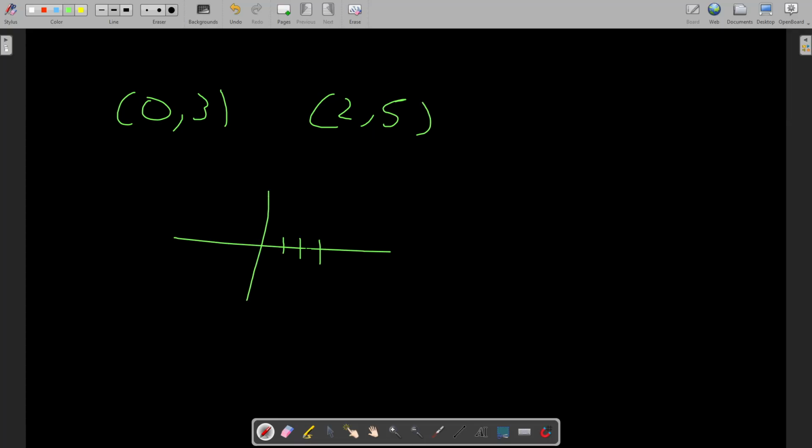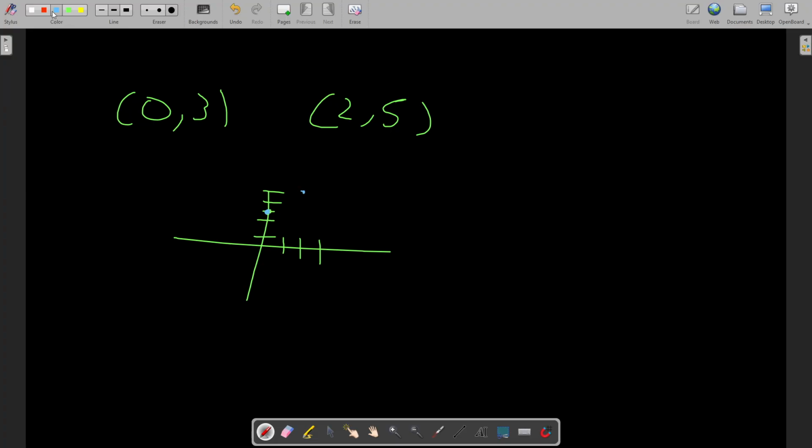Let's say that we have a vector that goes from the point 0, comma 3 to maybe 2, comma 5. So we have a graph here. 0, comma 3 is going to be here. I guess let's do this in a different color. And 2, comma 5 is going to be up here.